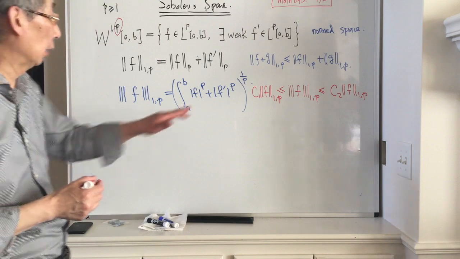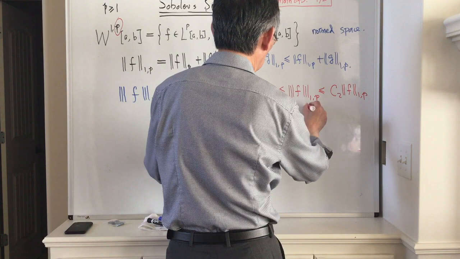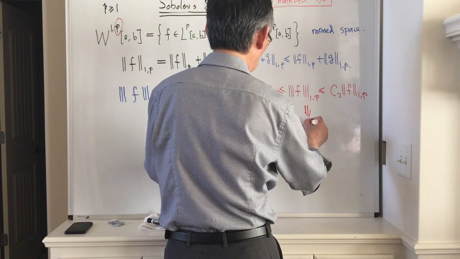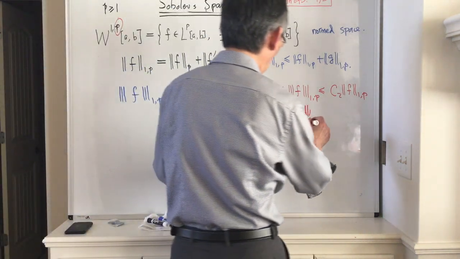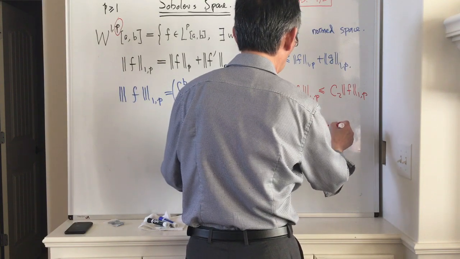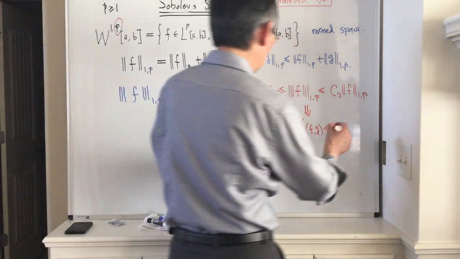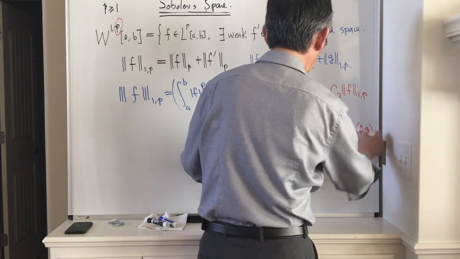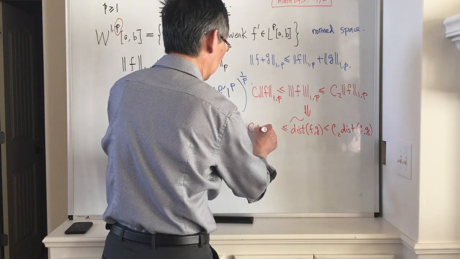The equivalence of these norms tells us that if you introduce a new distance, and this new distance of f and g, for instance, is controllable by the distance introduced by this norm, then it is also controllable from the other side, with constant C1.